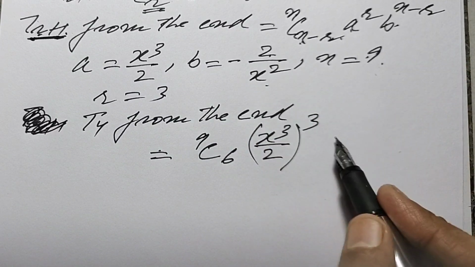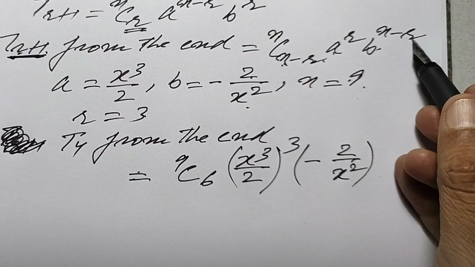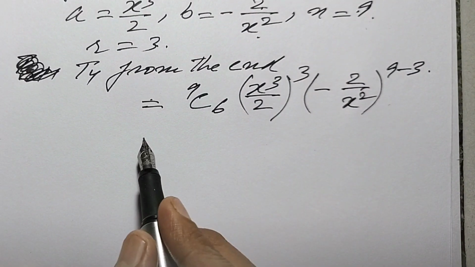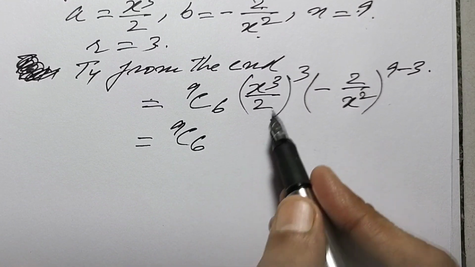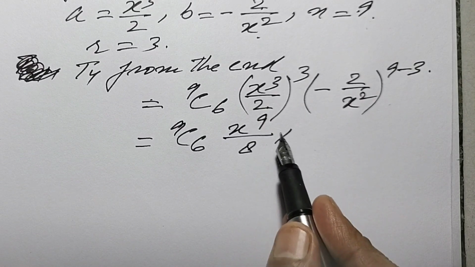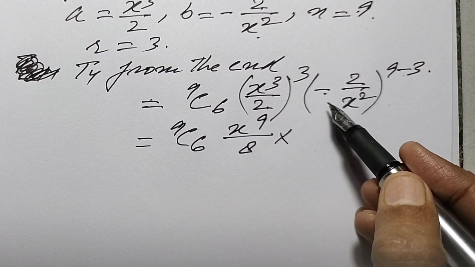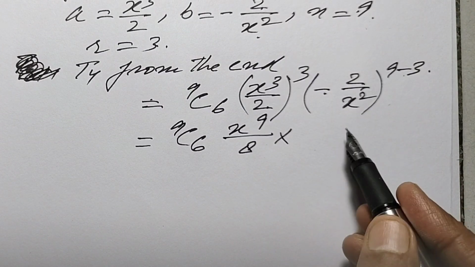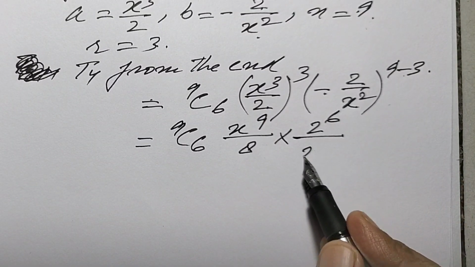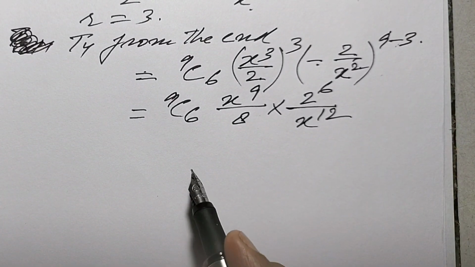And b is minus 2 upon x square, and whole raised to the power n minus r, that is 9 minus 3. So simplifying, we have 9C6, x raised to the power 9, 2 raised to the power 3, that is 8, multiplied by minus 2 raised to the power 6. And if the negative integer has even power, it becomes positive, so it becomes 2 raised to the power 6. And here we have x square raised to the power 6 becomes x raised to the power 12.